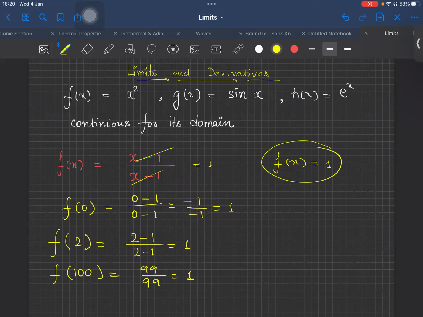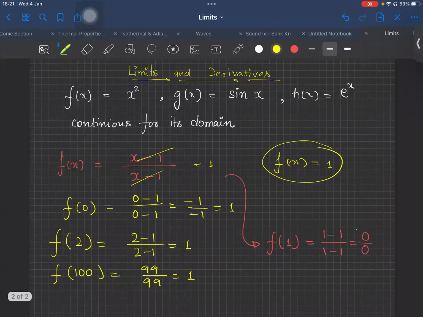Yes, sir. Okay, now let's find out f of 1. What are we getting? Undefined. That means 1 minus 1 upon 1 minus 1, which is 0 upon 0. Now what is 0 upon 0?